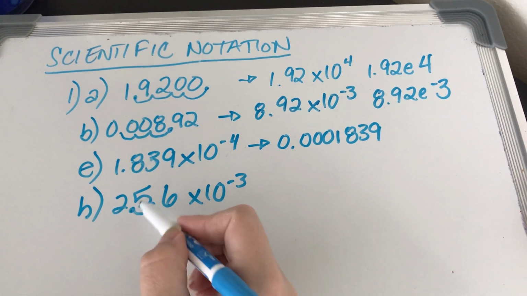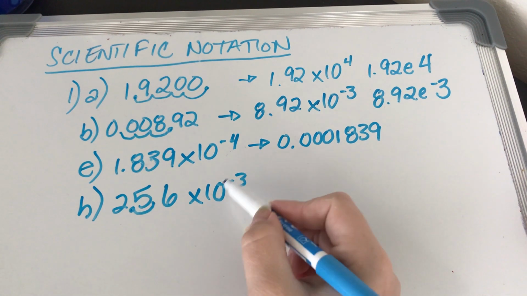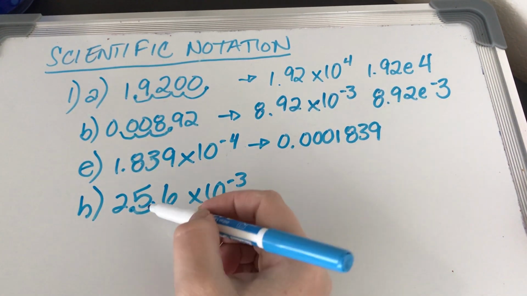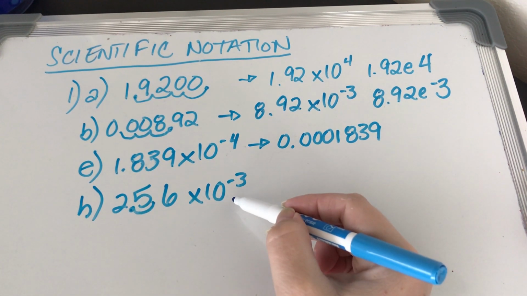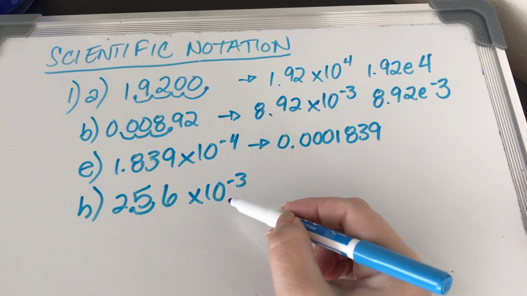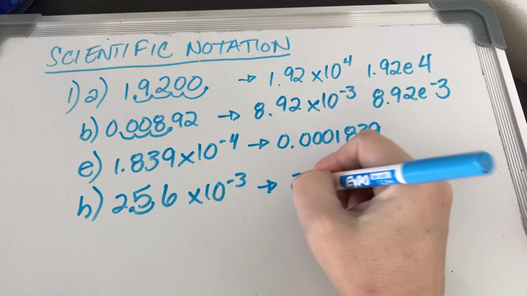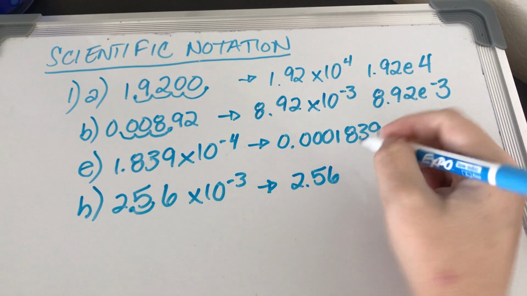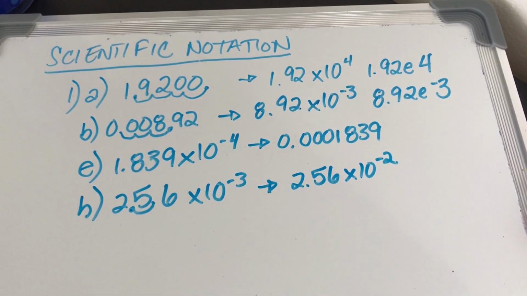So 25 being a relatively large number, and this guy being a small exponent, when we absorb that extra power of 10 into here, right, it's going to make it less negative. So we'd have 2.56 times 10 to the negative 2, right? But that is definitely not easy to see.